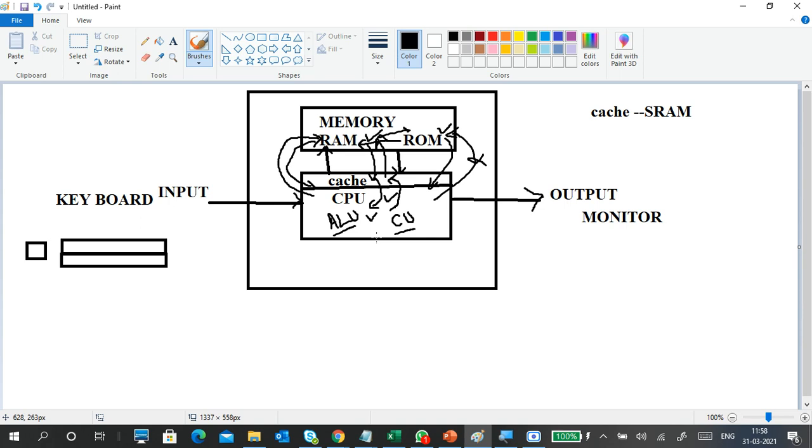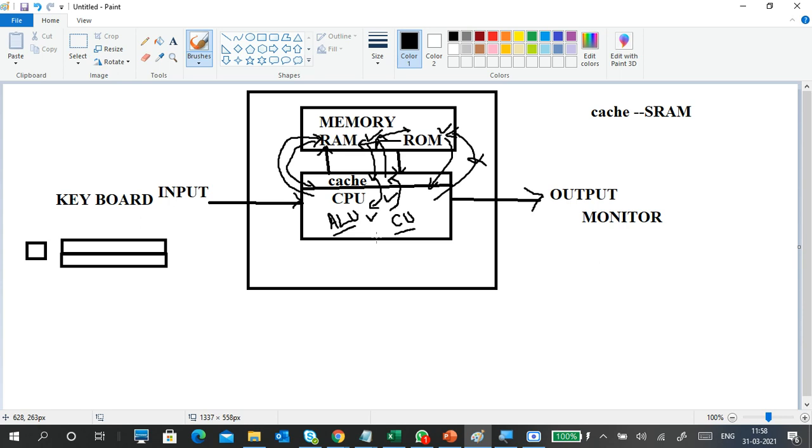So RAM directly won't interact with your CPU. RAM loads the data and instructions into cache, and cache loads them into your CPU. The CPU again puts the data into the cache, and cache to RAM, and RAM to other devices. So your input output devices, your hard disk or CD-ROM won't connect directly to the CPU.